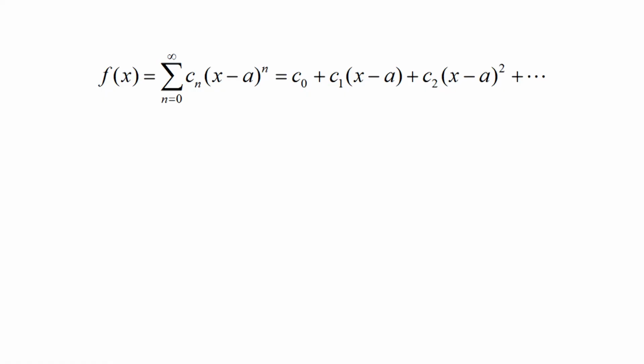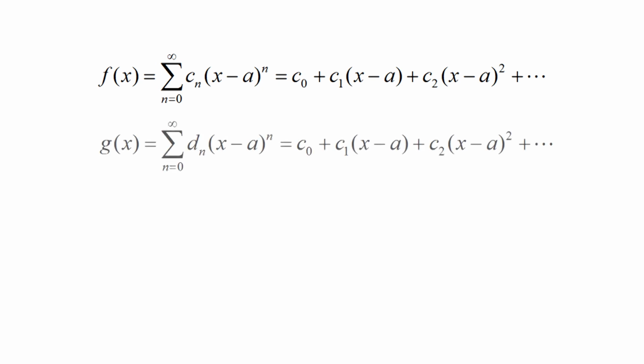Given the power series f of x equal to summation Cn into (x minus a) whole power n where n from 0 to infinity, which is equal to C naught plus C1 into (x minus a) plus C2 into (x minus a) whole square plus etc., with the interval of convergence the open interval (a minus Rf, a plus Rf), and g of x equal to summation dn into (x minus a) whole power n where n from 0 to infinity, which is equal to d naught plus d1 into (x minus a) plus d2 into (x minus a) whole square plus etc., with the interval of convergence the open interval (a minus Rg, a plus Rg).